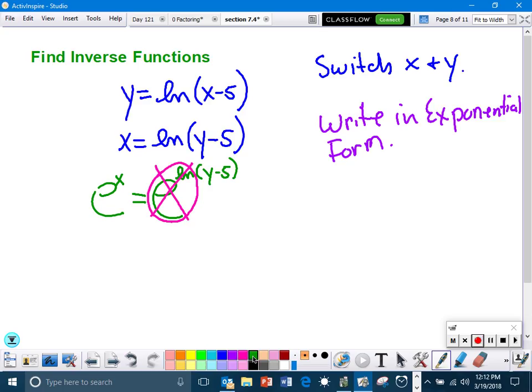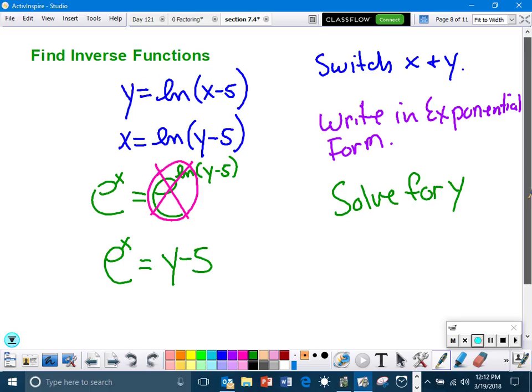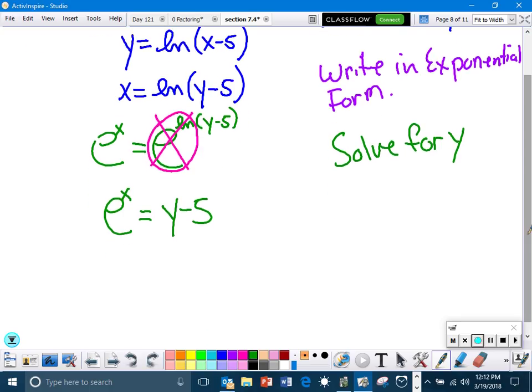Okay, so what I'm going to do now is solve for y. The e and the ln cancel each other out. So now I have e to the x on the left, that didn't go anywhere, equals y minus 5. Woo, that's pretty cool. Now I'm going to get y by itself, so I'm going to add 5 to both sides. Now when I rewrite this, I'm going to start with y.